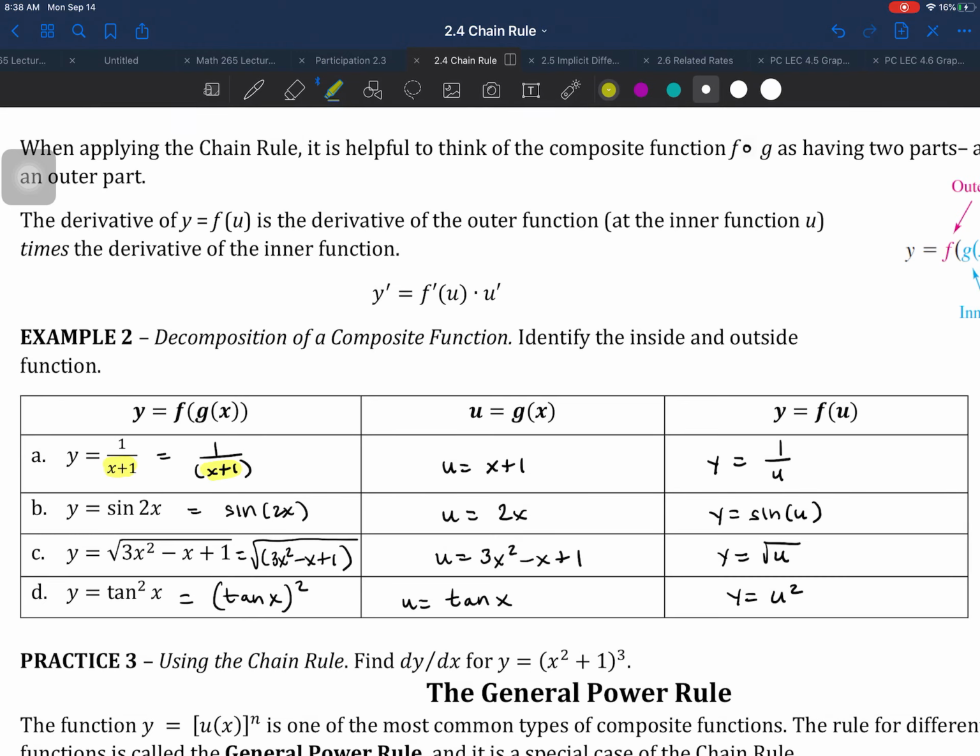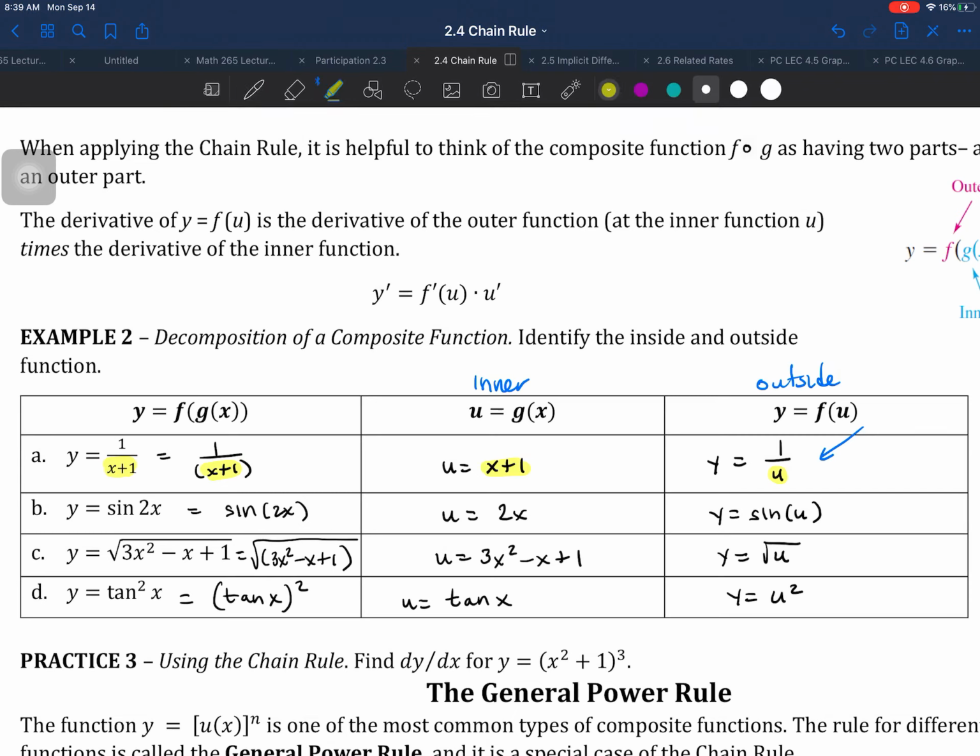Now you can write the original function as 1 over u, and you guys know what to do here. If I ask you to find the derivative of this, you know what to do. This is the outside. This is the inner function. All right. We'll put everything together later. Right now we're just trying to visualize inside versus outside.